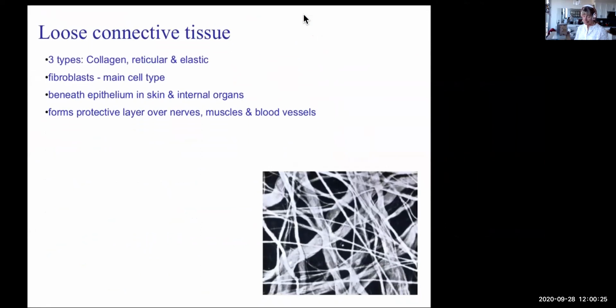First, I'd like to look at loose connective tissue. Those are sparse cells with fibers. These large, wavy fibers are collagen.